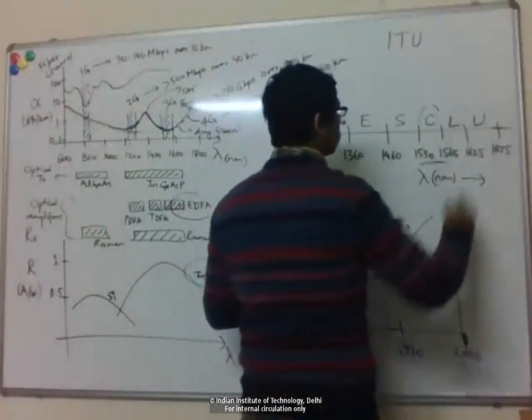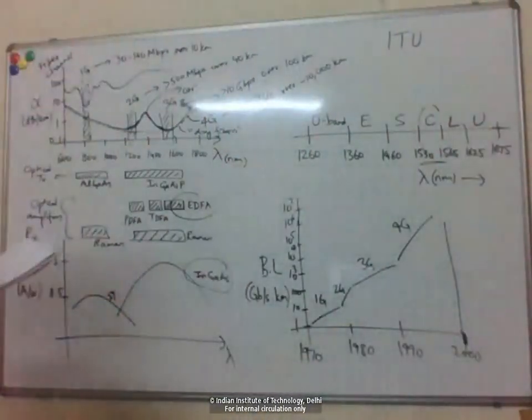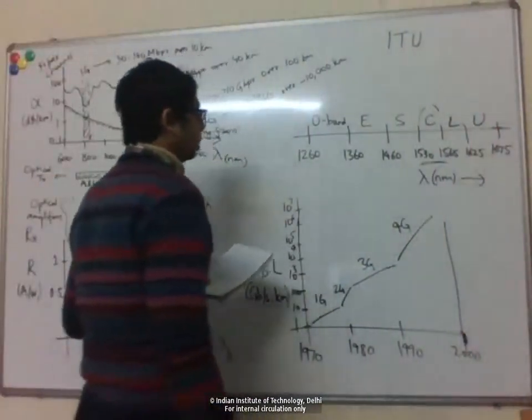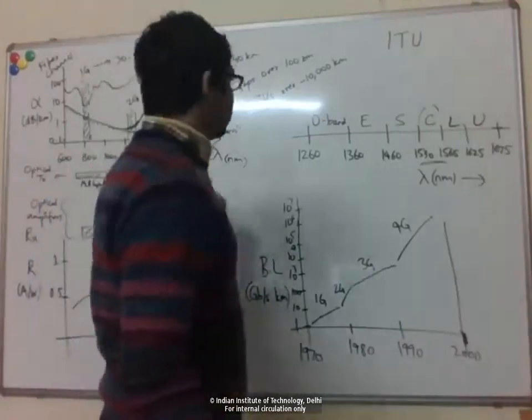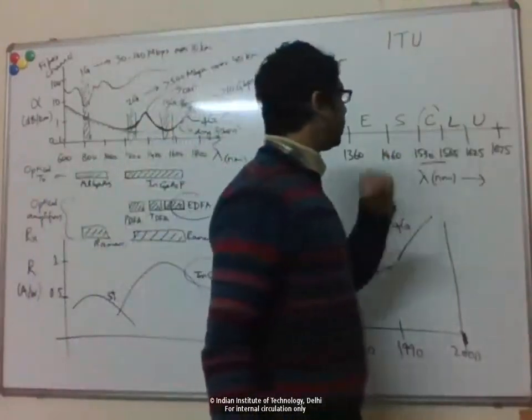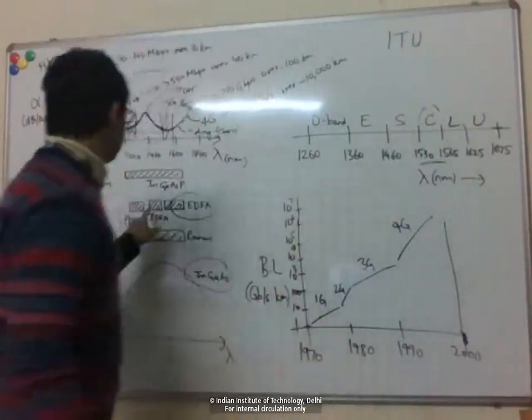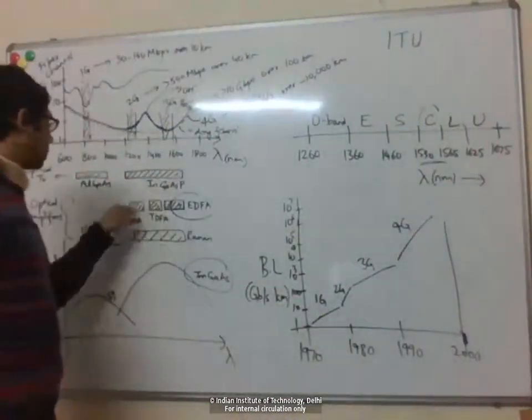Then you have L and U. Okay. So this EDFA works well for C band and also L band. If you want to work at other bands, then you have to use these other amplifiers, either Raman or these other types of.